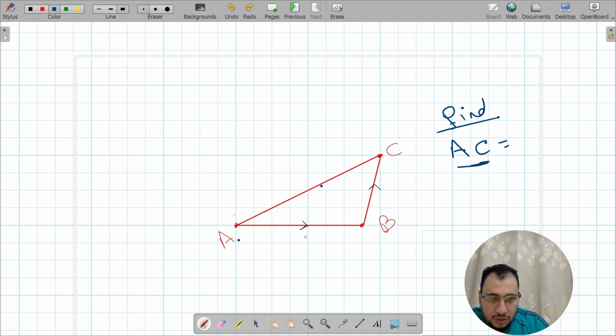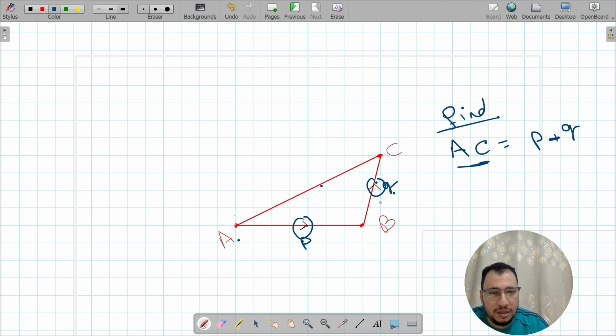Here, this vector, for example, let's call it P, and here let's call it Q. So in this case, it's going to be P plus Q. Why? Because we are in the same direction of P and the same direction of Q. Here, we went here, then there, so it's P plus Q.